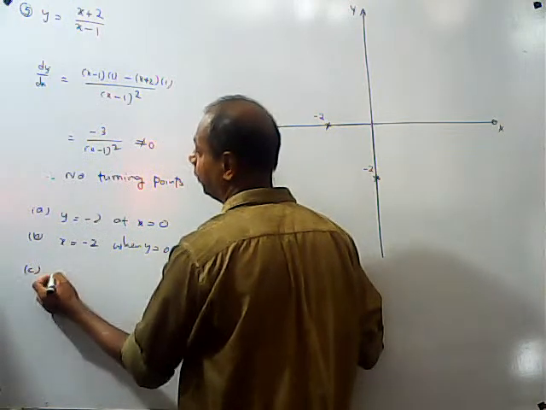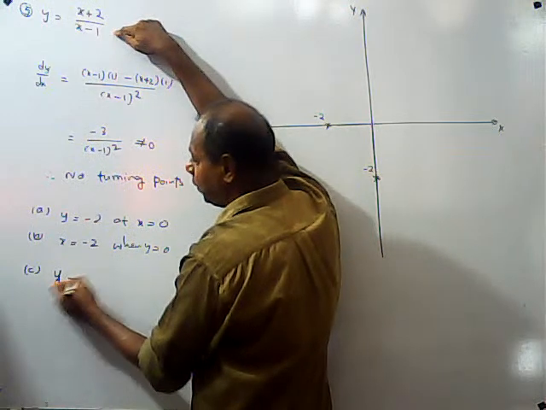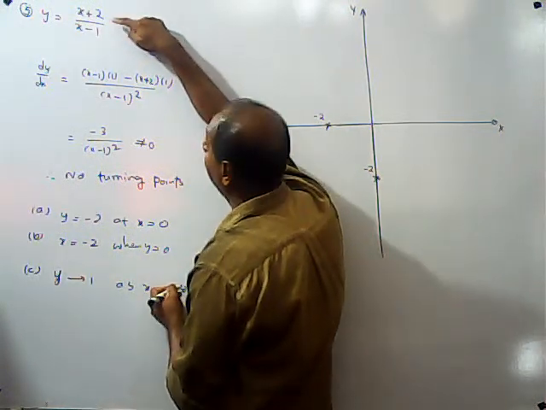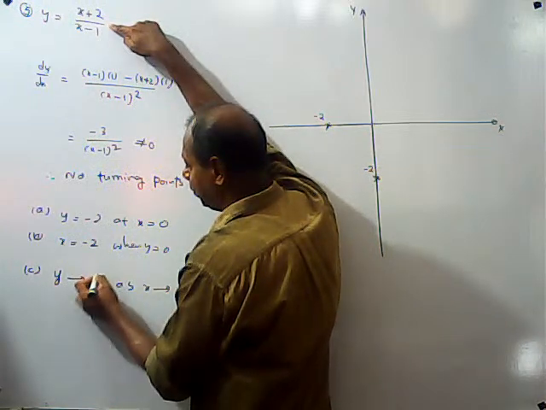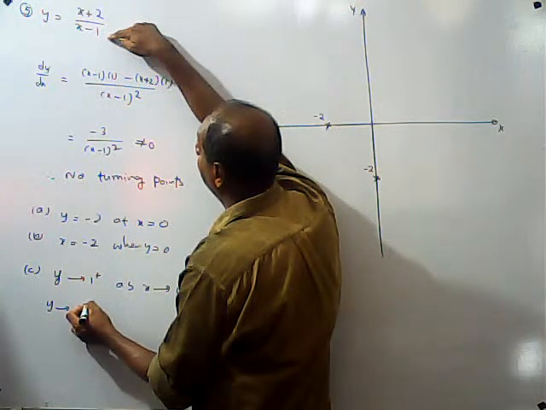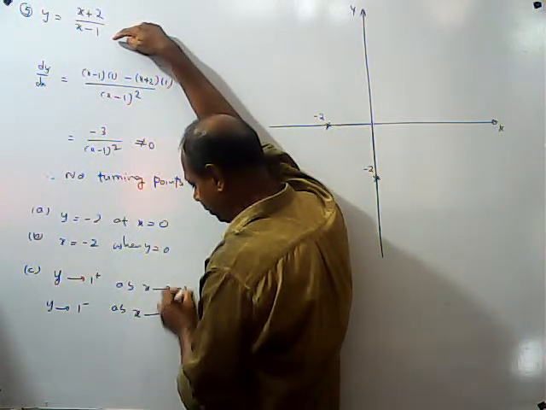The horizontal asymptote: y will go to 1 as x goes to infinity, 1 from above. Then y will go to 1 from below as x goes to negative infinity.